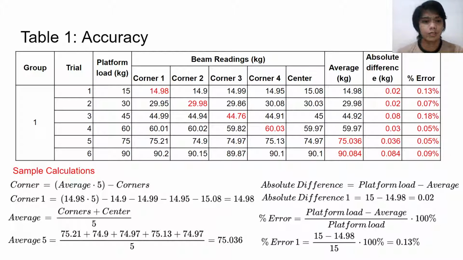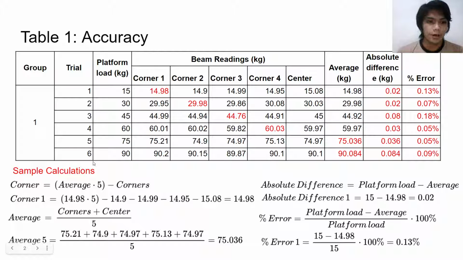This is in kilograms. The next value computed is the average, calculated by taking all of the corners plus the center and then dividing by 5.